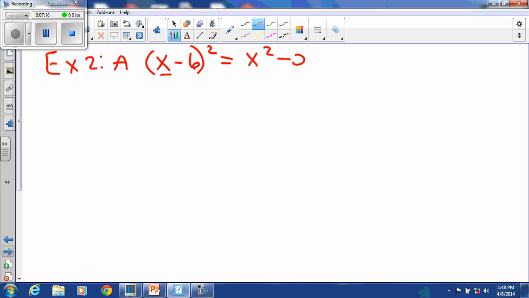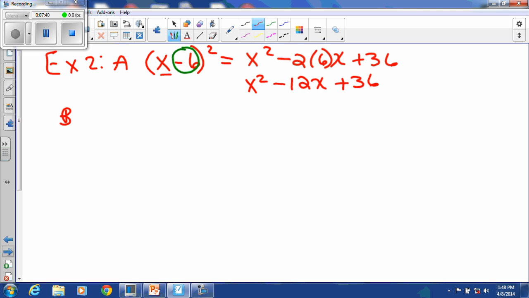So minus 2 times 6 times x. And then for our last term, because we're multiplying negative 6 times negative 6, we get a positive 36. When we simplify, that gives us x squared minus 12x plus 36.